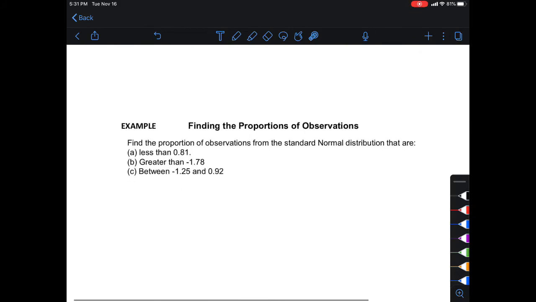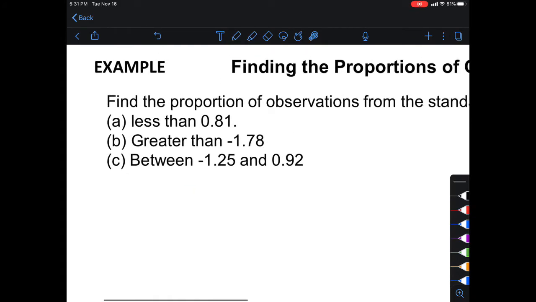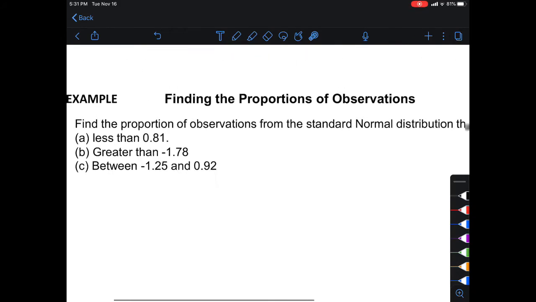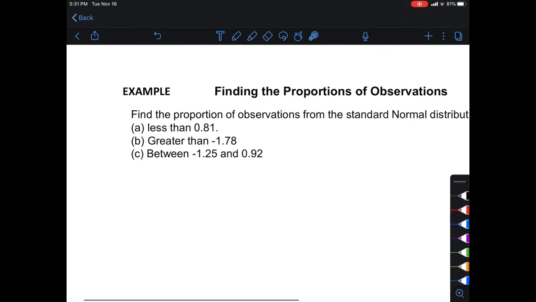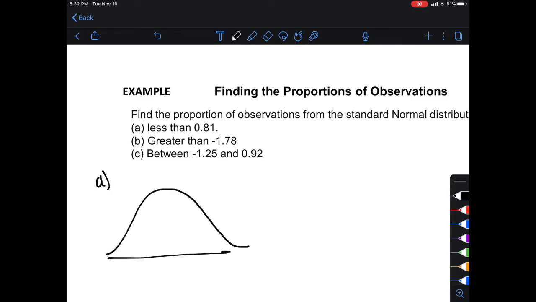Okay, and so let's first practice using this to find specific standard deviations. So right here, I'm going to do A. All right, and less than 0.81. I think we already did this.